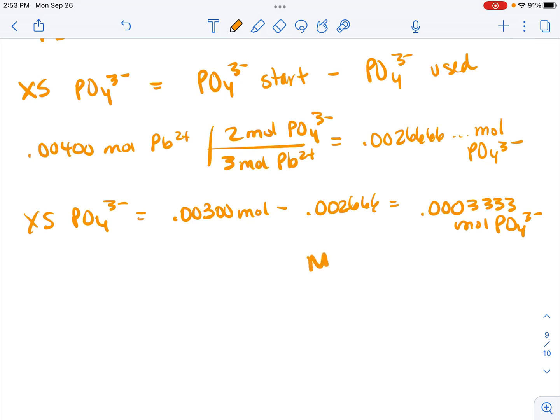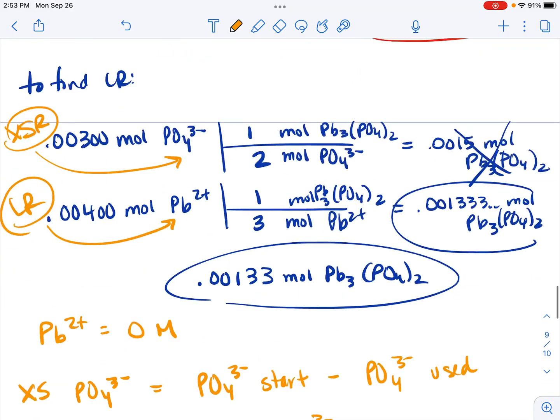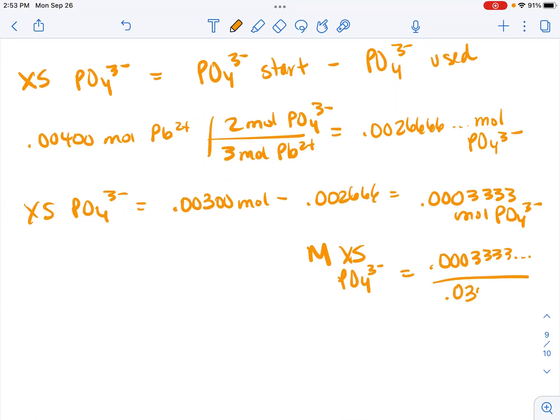Now if I want molarity of that, molarity of my excess PO4 is going to be those moles divided by my new total volume again, because they're swimming in that bigger swimming pool, of 0.0300 liters. You're going to hear Mr. Roke in the background, sorry. And that gives me 0.0111, like so.